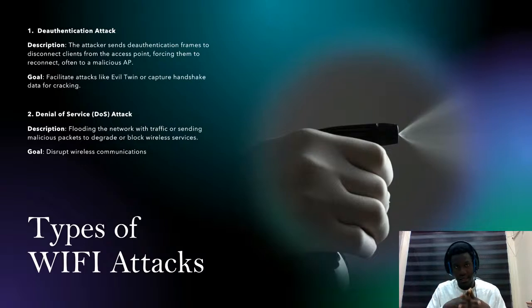So what that means is, when we aim to capture the handshake of the Wi-Fi network, we are going to use the authentication attack to deauthenticate the person, forcing them to reconnect.